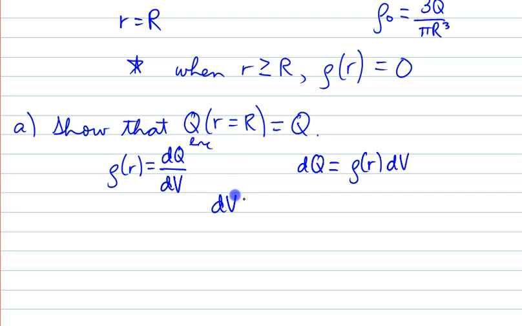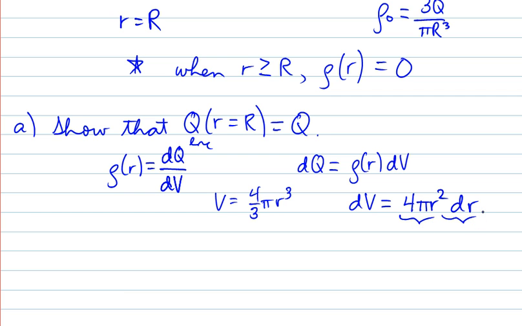And we know that, first of all, the volume of a sphere is 4/3 pi r cubed. So for fancy, we can say that dv is going to be equal to 4 pi r squared dr, which makes sense because you've got the surface area times the thickness. So that's approximately the volume of a very thin shell.